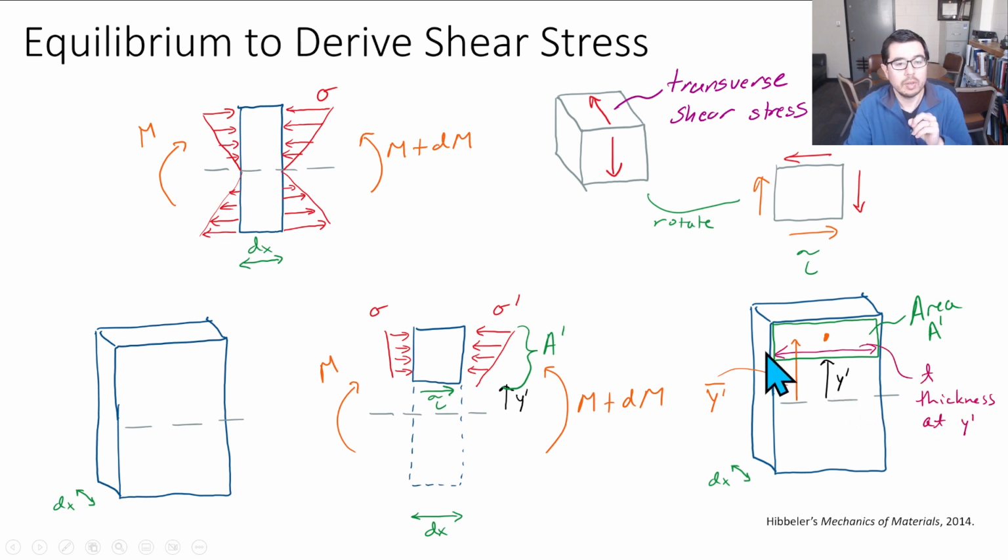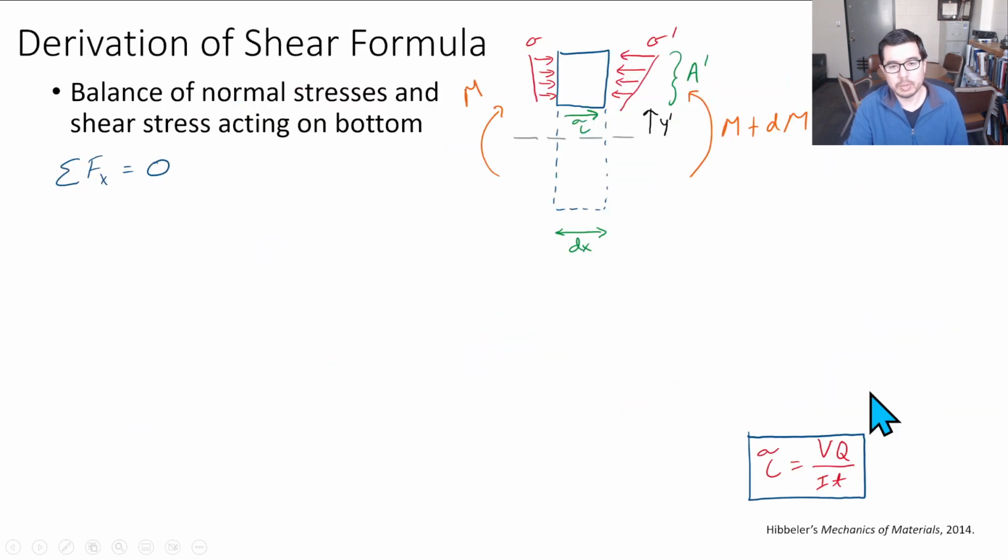Thickness is this width, which we often describe as B in our problems. This thickness is nice for a rectangular profile, but it can also change as a function of Y prime. So T would be equal to B, the width, for a rectangular profile, but if it's not a rectangular profile, then T could change.